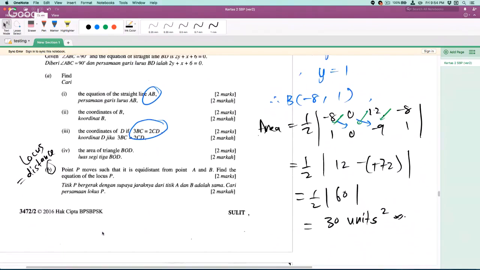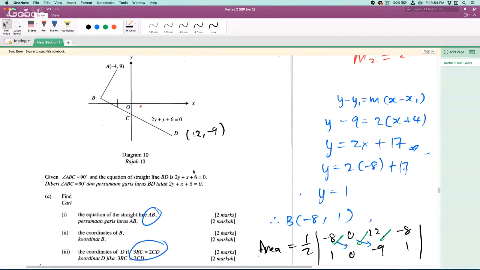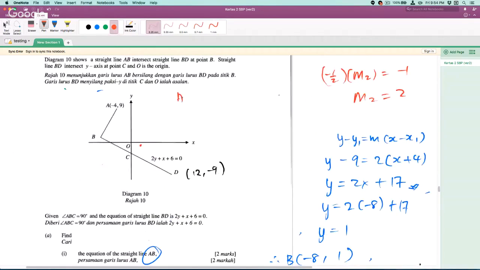Yeah, here actually it says the locus P moves such that it is equal distance from A and B. Find the equation of the locus. So equal distance, that means I will say A to P is the same as B to P. All right, then I just use the distance formula, and you can solve this one easily and real quick.